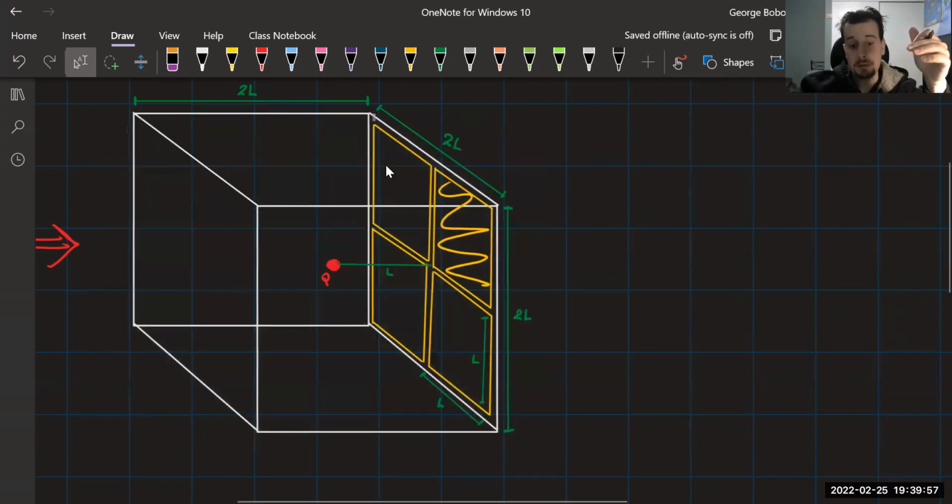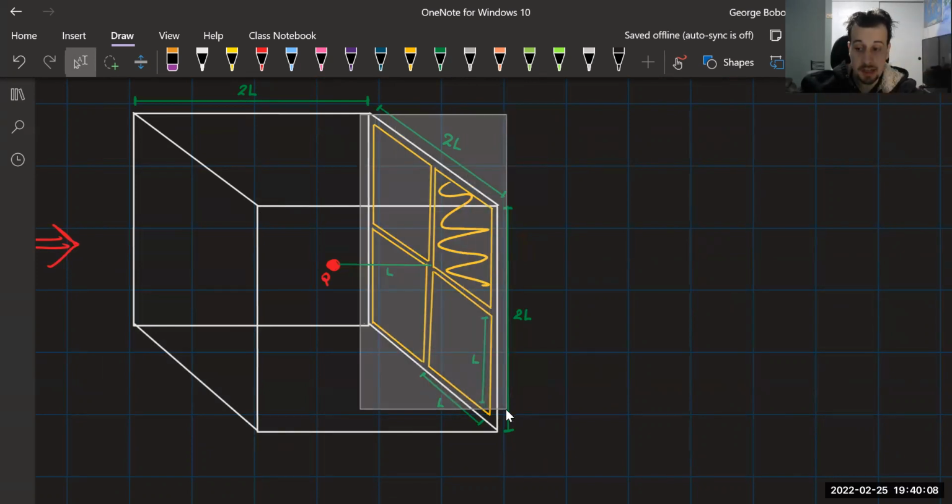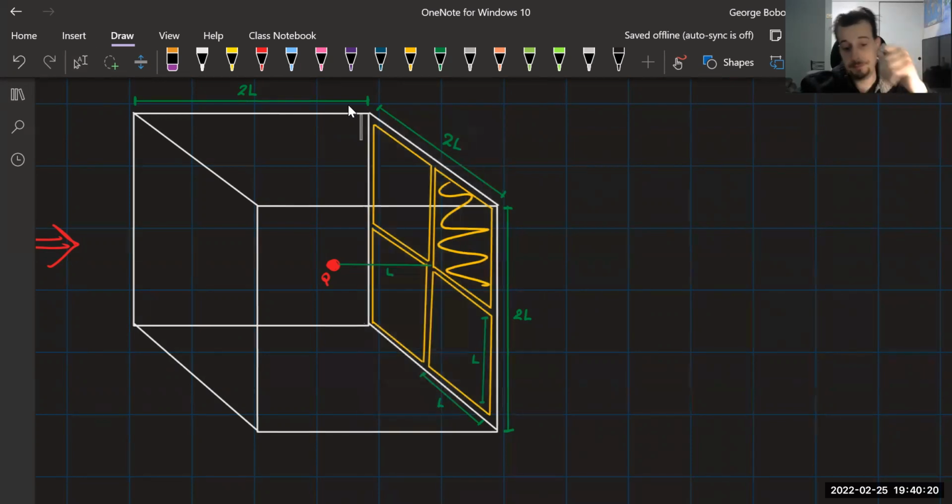However, I see here that the plane I want to find the flux through is 1/4 of a side. So if a side receives Q over 6 epsilon naught, I just need to divide Q over 6 epsilon naught by 4. And if I do that, I get Q over 24 epsilon naught. That's my answer.